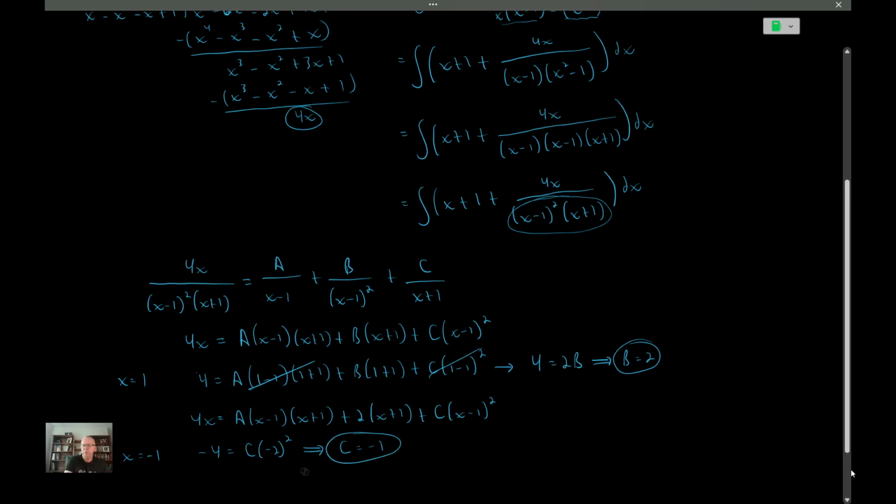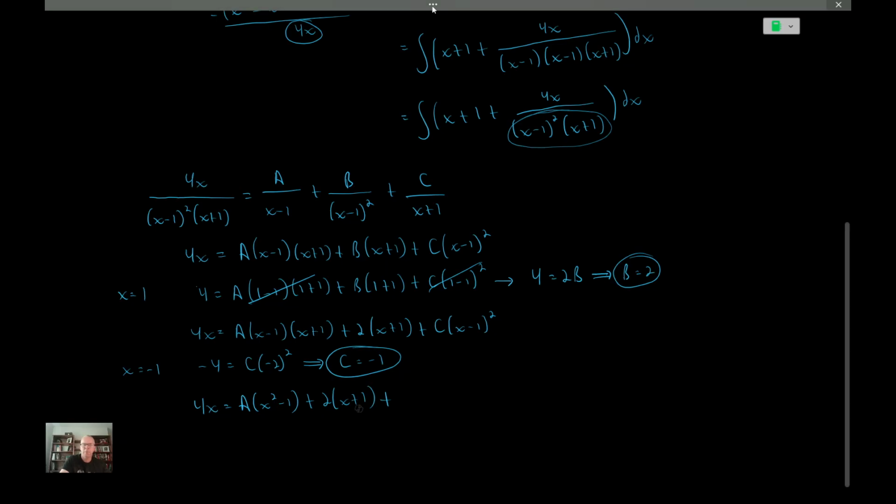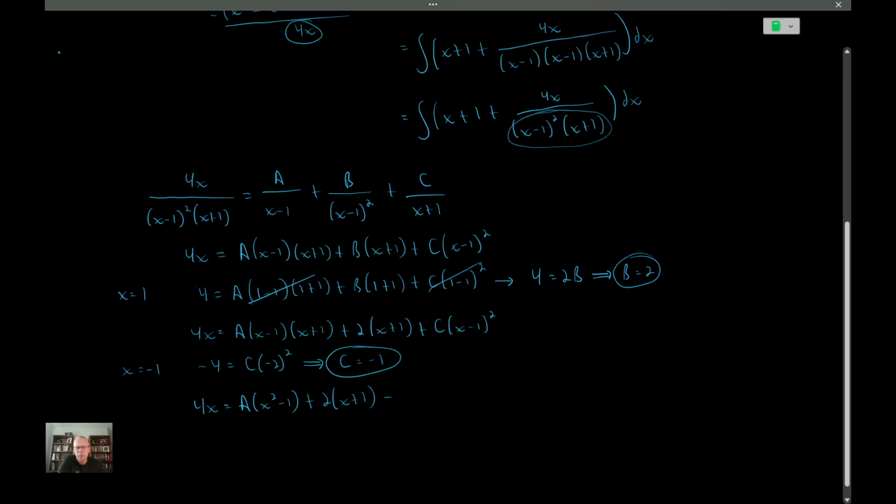All right, now we just need to figure out what a is. So we have 4x equals a times (x squared minus 1), I'll multiply these out, plus 2 times (x plus 1), minus, c is -1, so minus (x minus 1) squared.